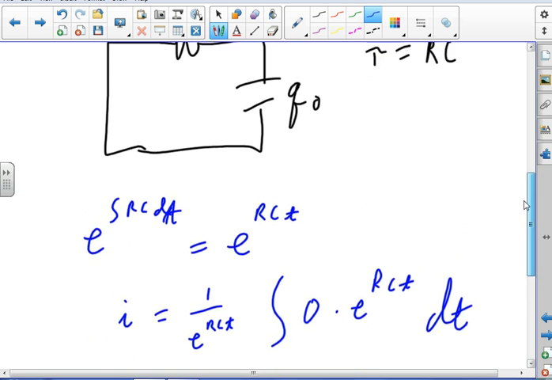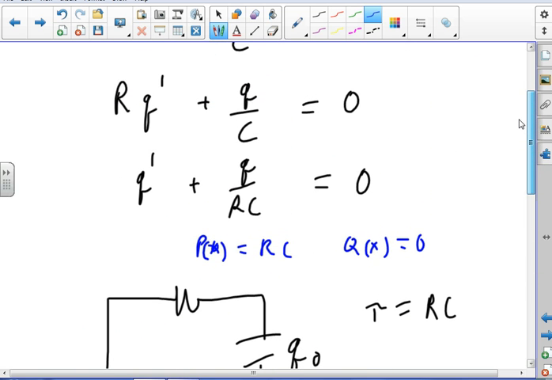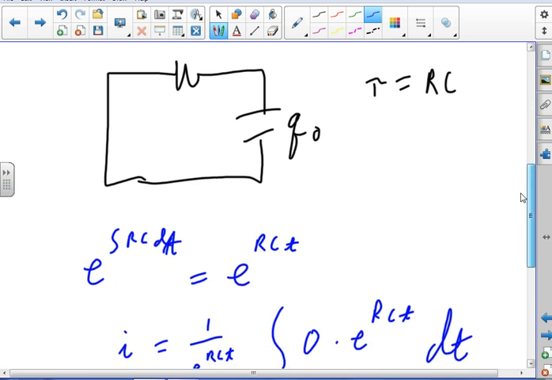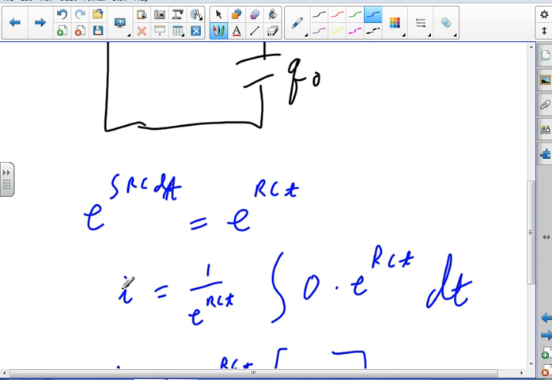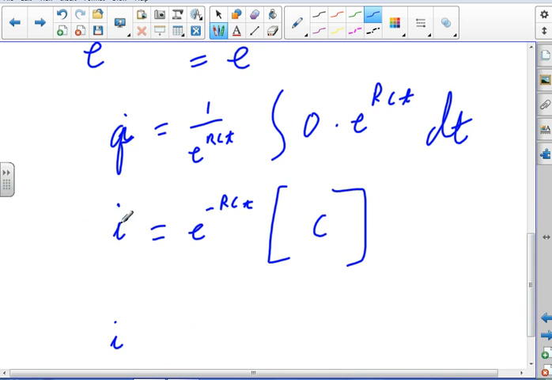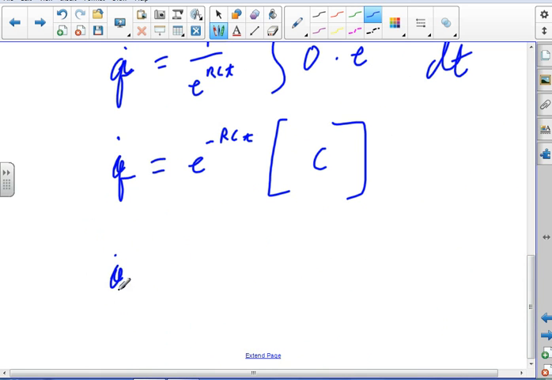How did I get I? I'm supposed to have Q's everywhere. Where did I mess up and turn it to I? So this is a Q, this is a Q, this is a Q. So Q at 0 is 3 coulombs, implying that C is equal to 3.